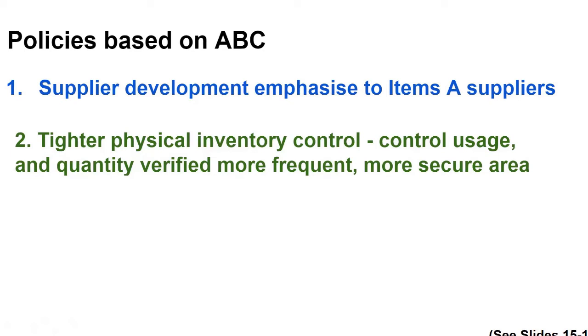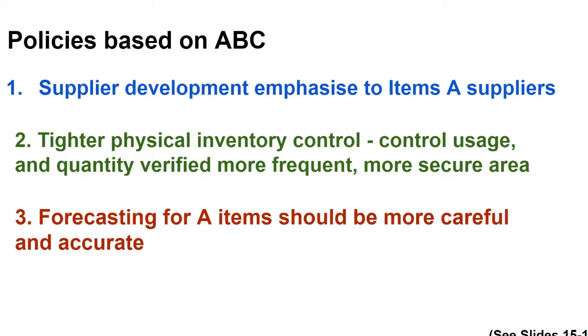Do you want to monitor suppliers of item C? Less control. Supplier of item A, critical parts, safety parts. And as you mentioned earlier, forecasting for A items should be more careful and accurate because you don't want to keep unnecessary stock.